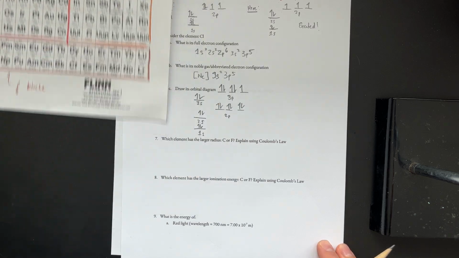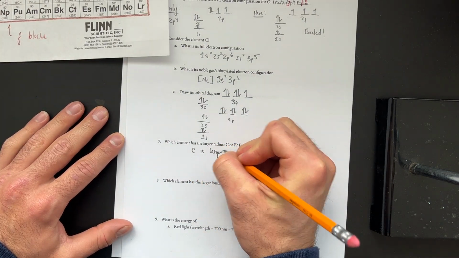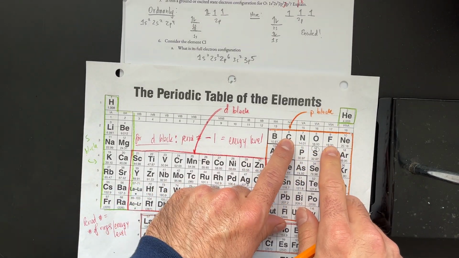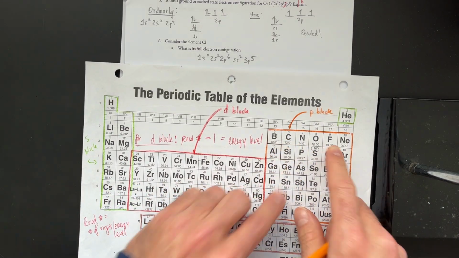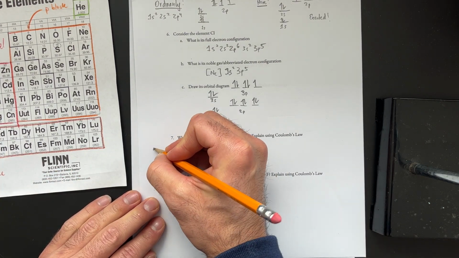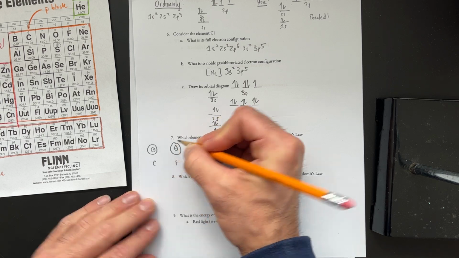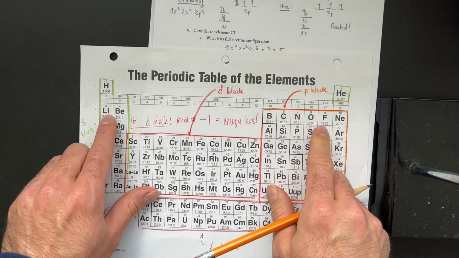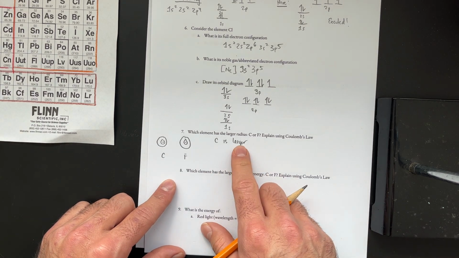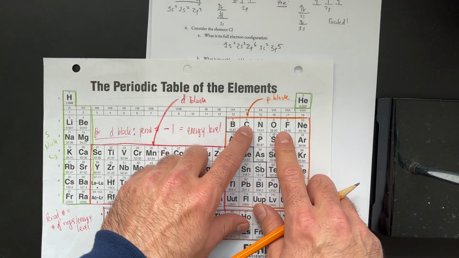And so, which is larger, C or F? C is larger, because although C and F both have the same number of rings, they both have 2 rings because they're both in the second period. But C is going to be larger because it has fewer protons.